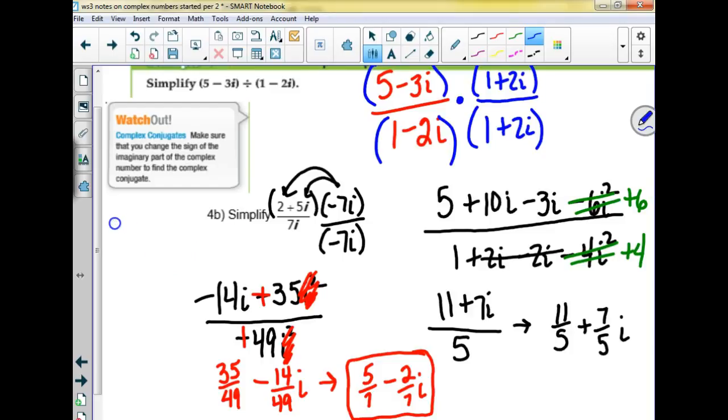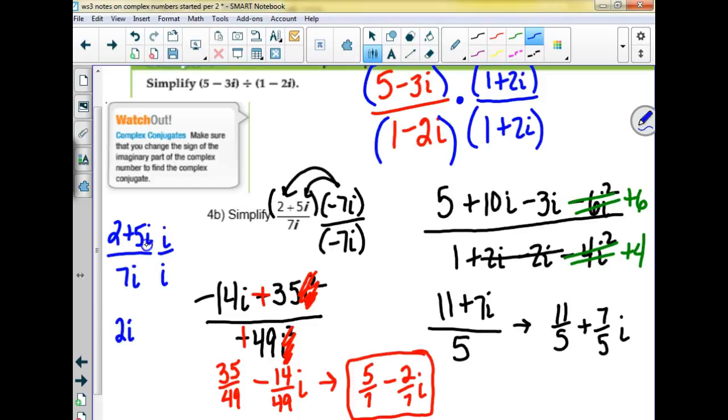The trick is you really only wanted to get rid of the i in the denominator, right? So back here at the original question, because the bottom was pure imaginary, it didn't have a real part to it, you could have just multiplied the top and bottom by i.